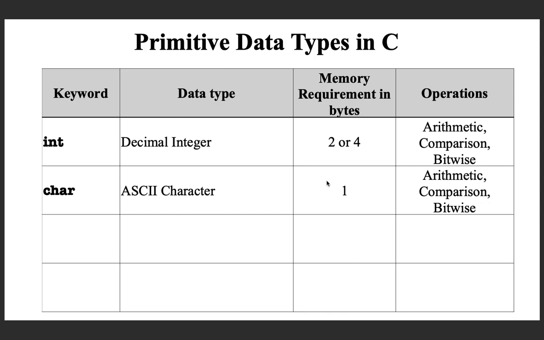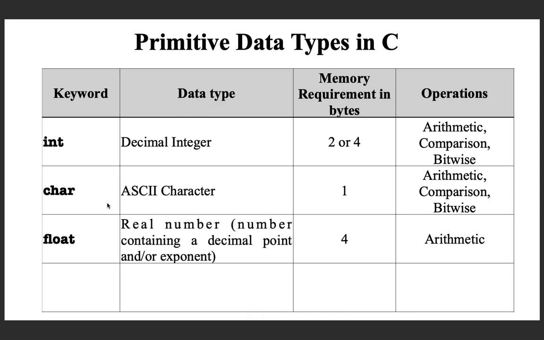And you know that there are fewer than 256 characters in the C language, so only 1 byte is enough. Because every character has a decimal equivalent number, all these operations are allowed here as well. Later, when you practice programming, you can see when it is meaningful to perform arithmetic operations on character values.